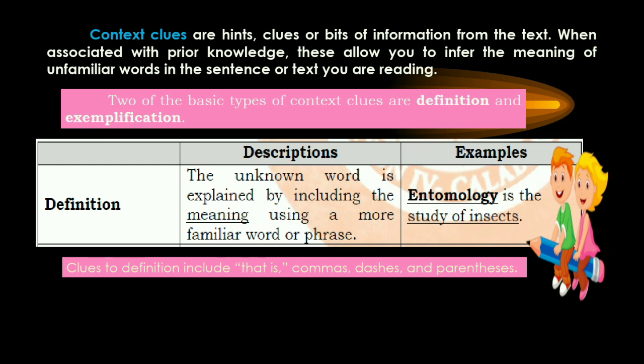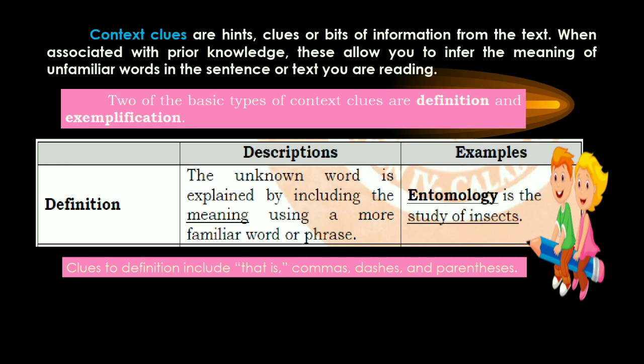Entomology is the study of insects. What is the meaning of entomology in the sentence? The study of insects. What did you notice? The meaning of the word entomology is already in the sentence. It is already defined in the sentence.